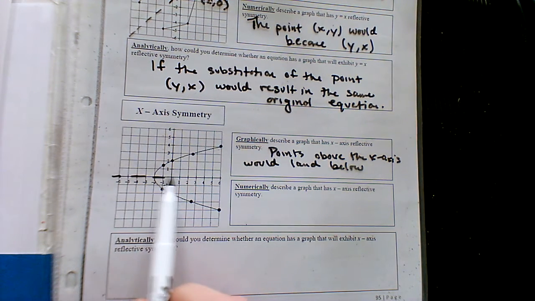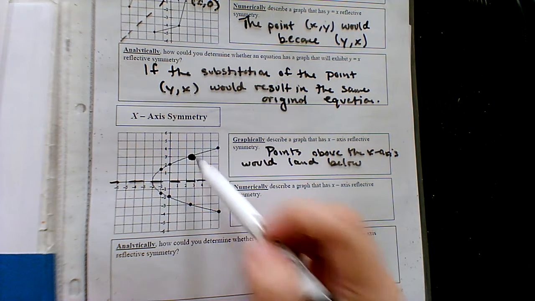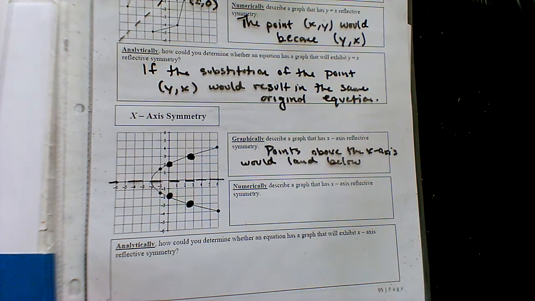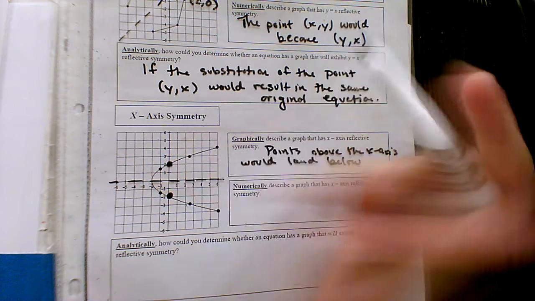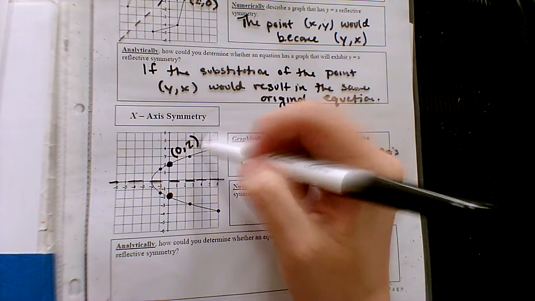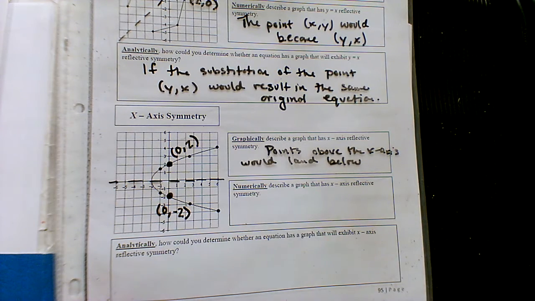Can we find a numeric relationship between the points? If you were to take a point and fold it over, can we find a relationship? Yeah? x, negative y. Okay, so let's see. This first point here would be 0, 2, and if we fold it over, it'd be 0, negative 2.